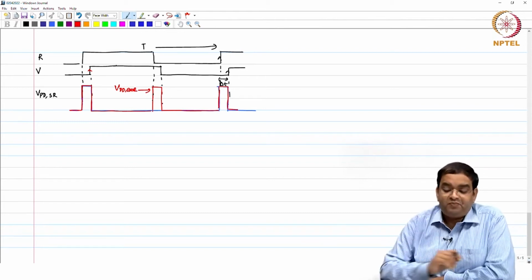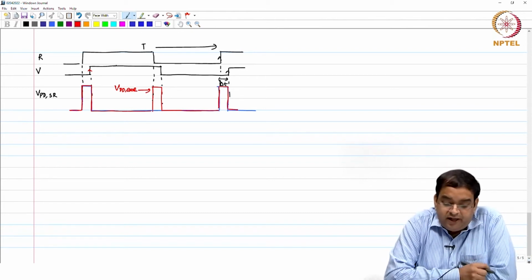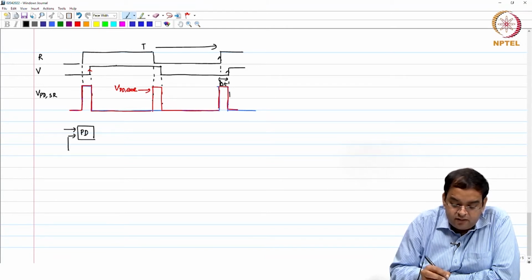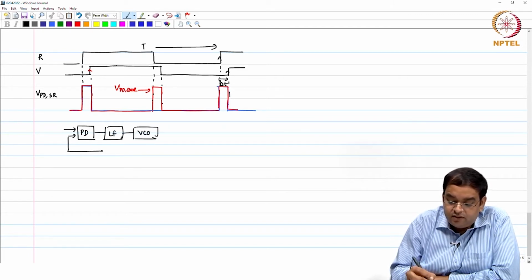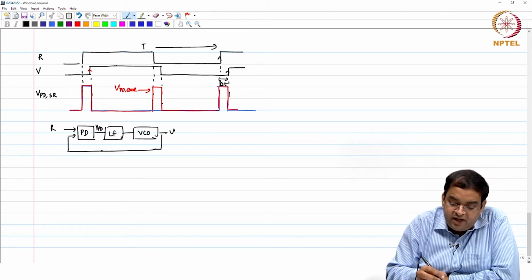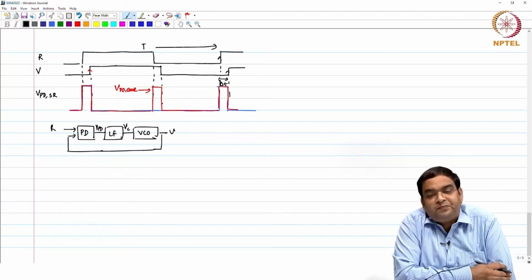Okay. Now, what is so important about it? Well, in the PLL you have phase detector, right, followed by loop filter and then VCO, right. This is R and this is V, you can think it right now. This is VPD and this is V control.